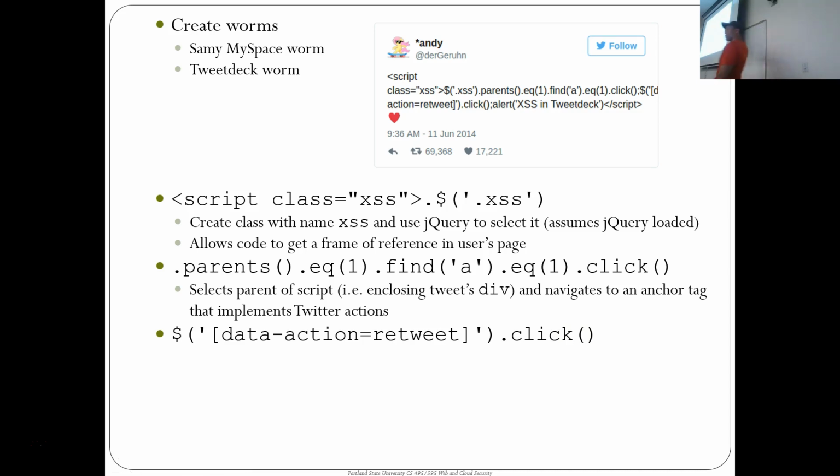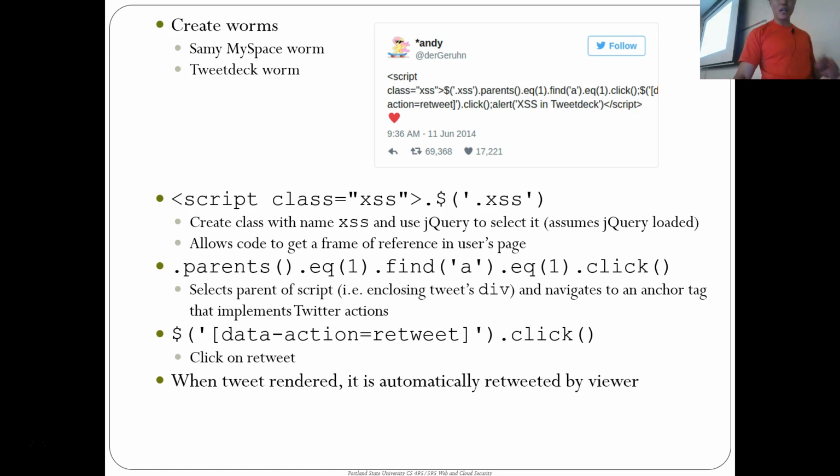Anytime anyone viewed this tweet, you would automatically retweet it. And this brought Twitter down. And this got the guy, I think he's a legit hacker now, but it got him like 9 months or something. So this ended up being a Twitter thing for a short time.